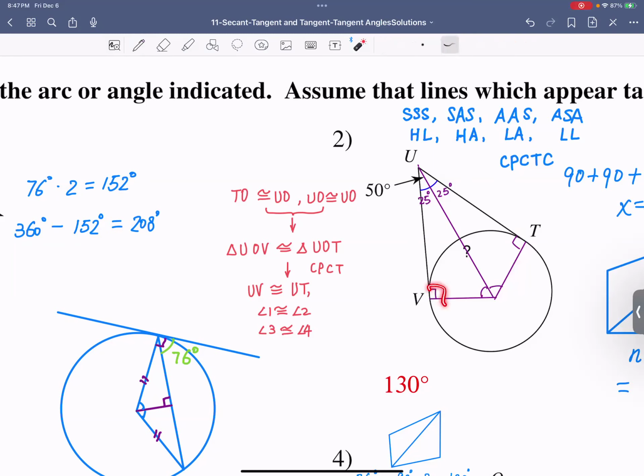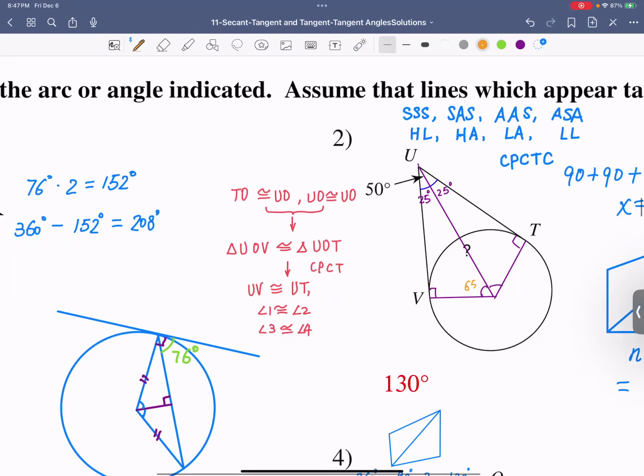That's 90, so this will be 65. And this one will also be 65. Make sense? And then this together will be 130.